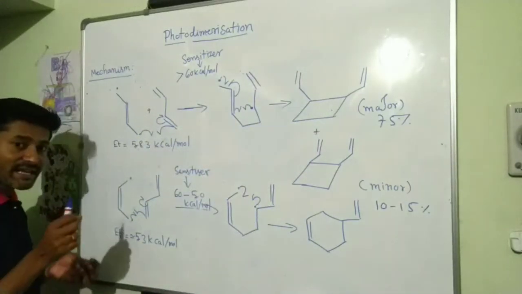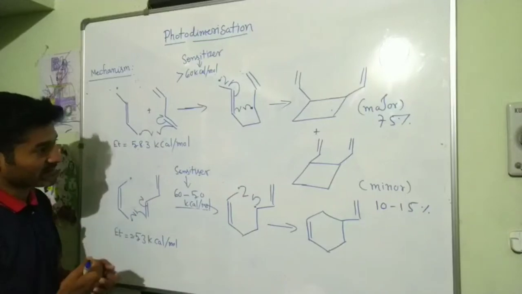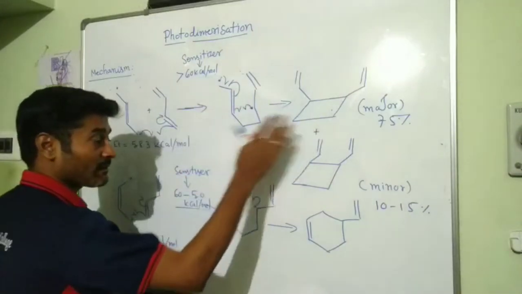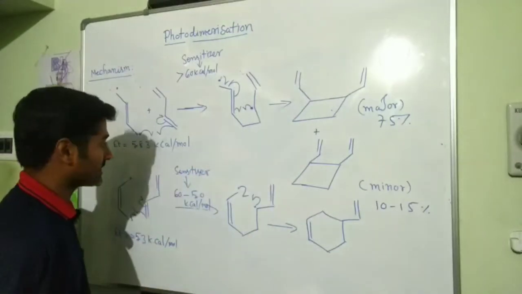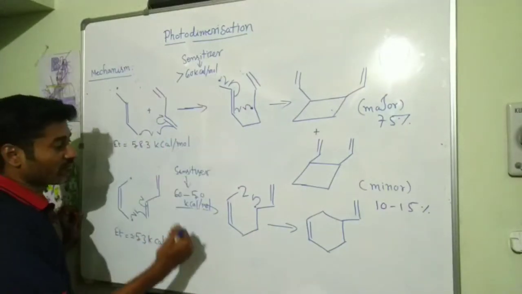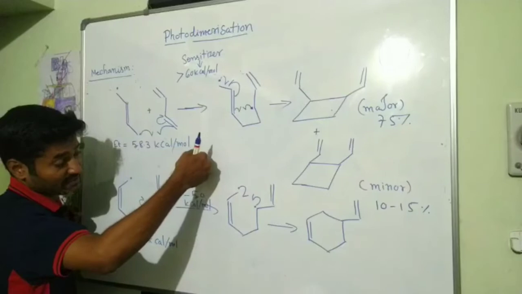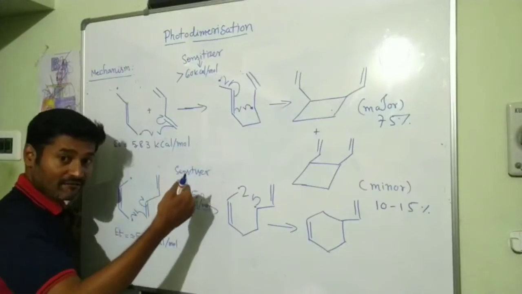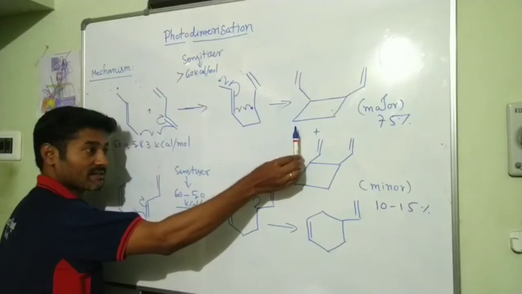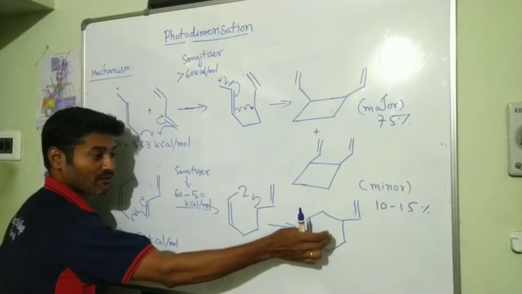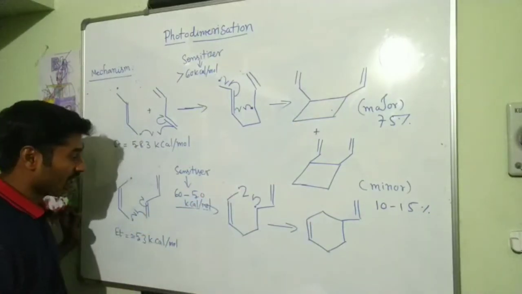If the sensitizer energy is less than 58.3, you'll get this product, but the proportion of this product will decrease. So slowly from 60 to 50, if the sensitizer triplet state energy decreases, then this product's concentration decreases and the concentration of the other product will increase, of course.